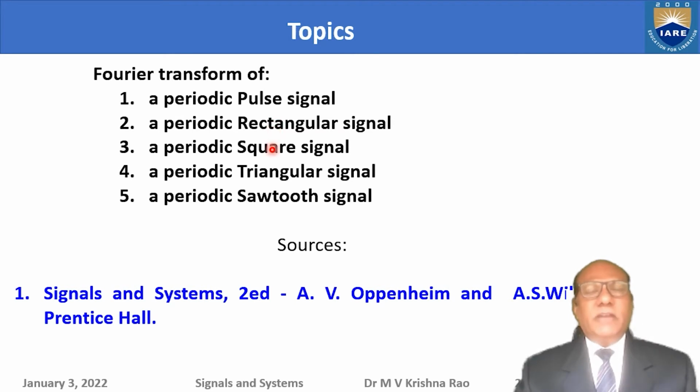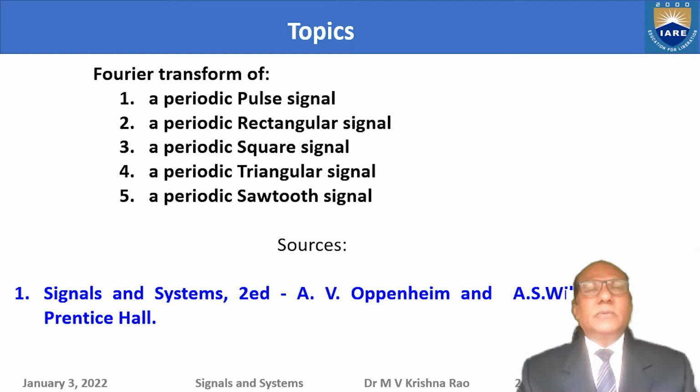When I say square wave, naturally the on period is the same as the off period. Triangular and sawtooth waves are not rectangular waves, they are different waves. Sawtooth is a special case of triangular, and though they belong to a similar class, their Fourier transforms will be totally different.